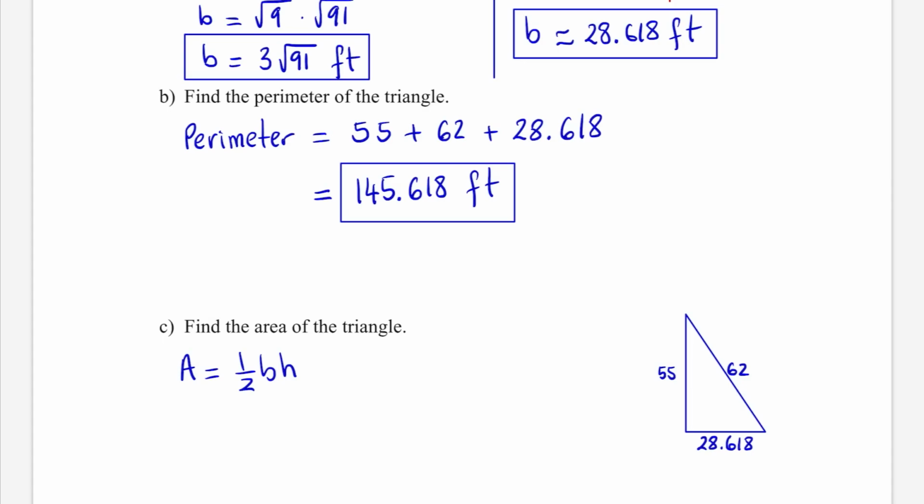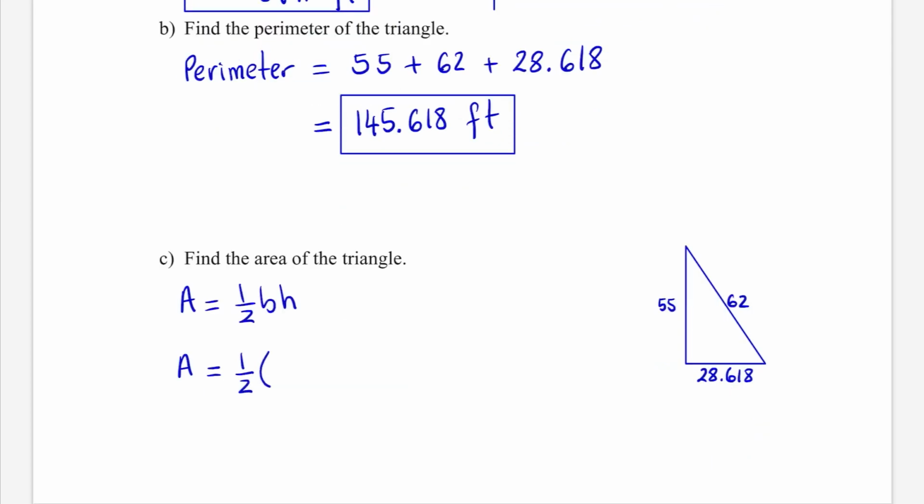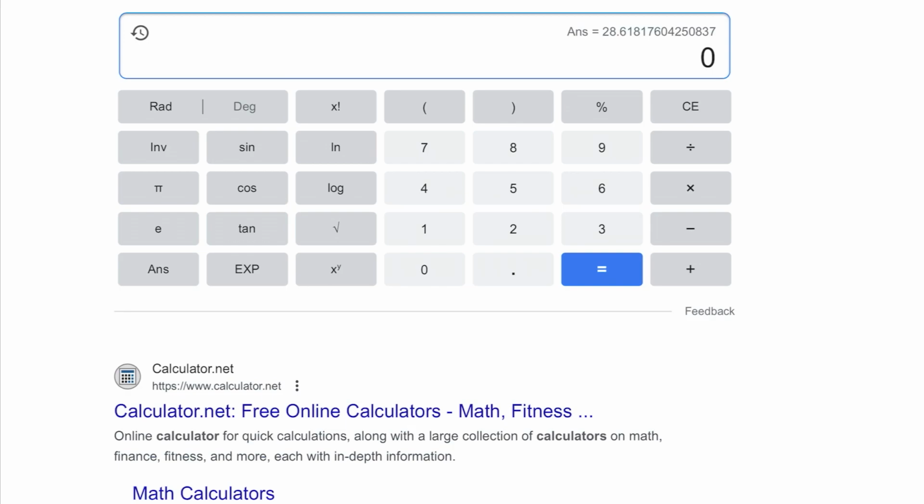To find the area, I'll just take 1/2 times base times height. I replace B with 28.618 and H with 55. And I can just put these all in the calculator. So start with 1/2.